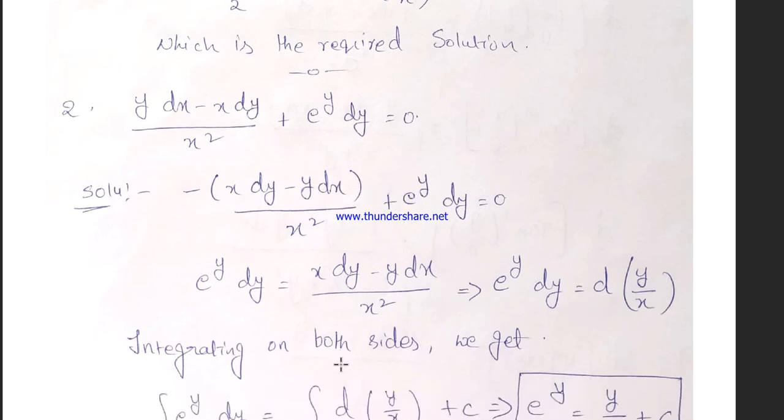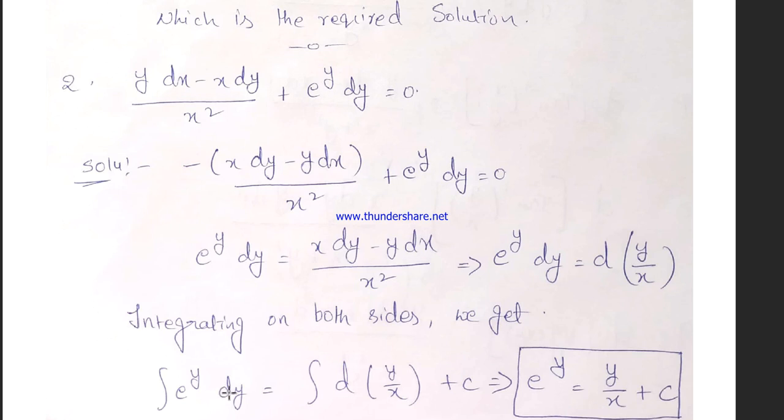Integrating on both sides, integral of e power y dy equals integral of d of (y by x) plus c, because we are integrating, so you add the c term. The integration of e power y is e power y, and the derivative and integration cancel, so the value is y by x plus c. This is about the inspection method. In the remaining 4 methods we will discuss in the next class.